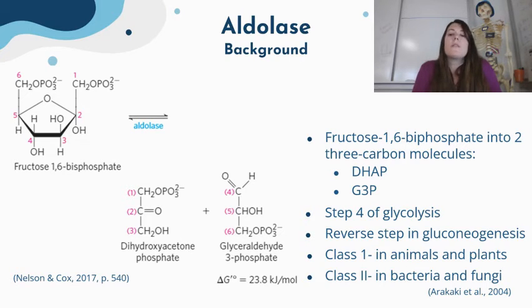Class 1 aldolases are in animals and plants, and they use ketose sugar substrates. Class 2 aldolases are in bacteria and fungi and use metal cations as cofactors.